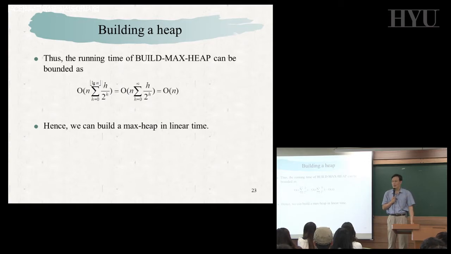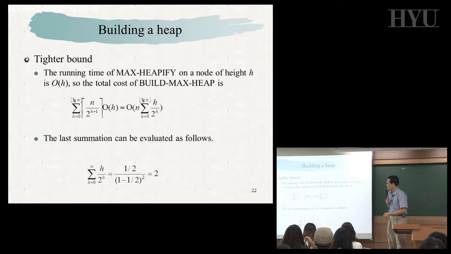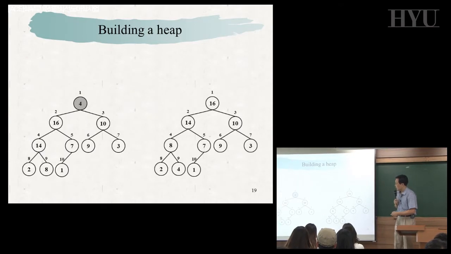I will not explain this in detail, but I'll give you some clue. The clue is, in a complete binary tree, the half of the nodes is in height 0. And a quarter of them lies in level 1. So most nodes are in low level nodes.